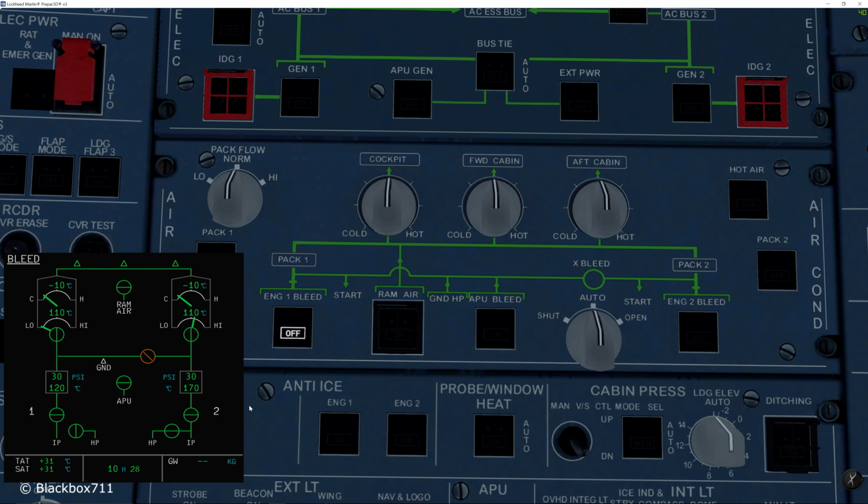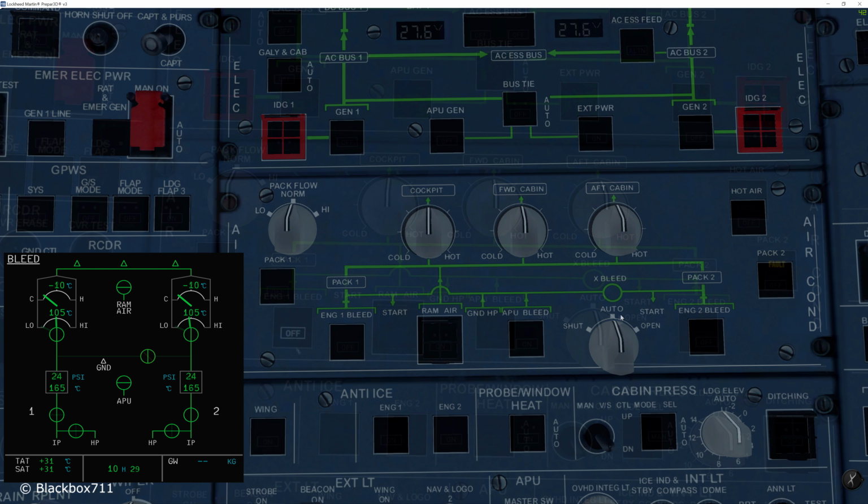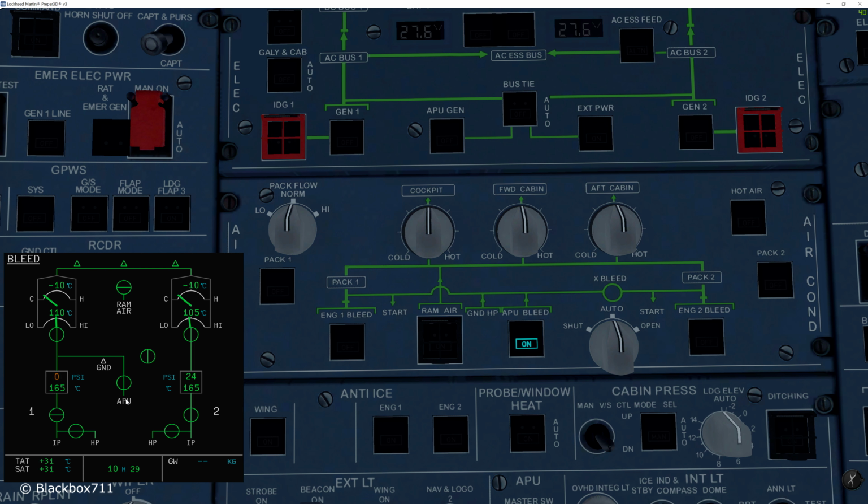Right, next we'll add some APU bleed. Now switching on the APU bleed, we'll do several things. First of all, the engine bleed valves close, and then the cross bleed valve opens, and so the APU bleed now supplies the whole bleed system.